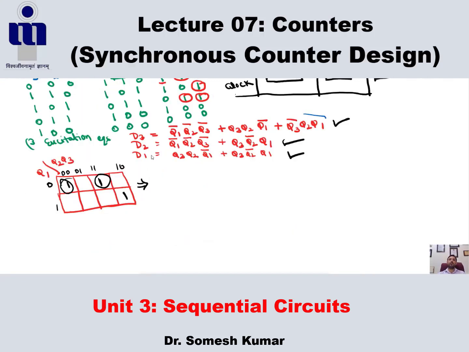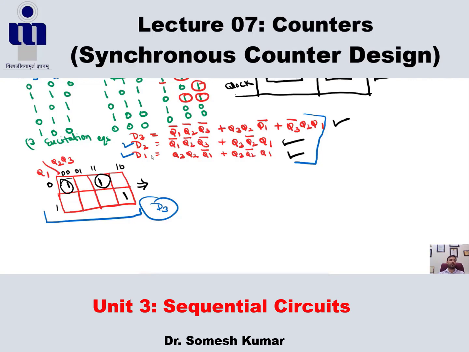So these are our values of D3, D2, D1. By using this K-map of D3, it is clear that this D3 can't be further minimized. Similarly, this D2 can't be further minimized and D1 can't be further minimized.